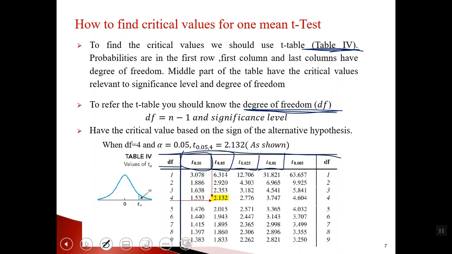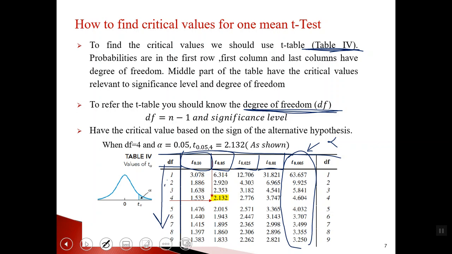For example, throughout this column from top to bottom, alpha value is 0.005. It has a different degree of freedom when you go from top to bottom; it is increasing.